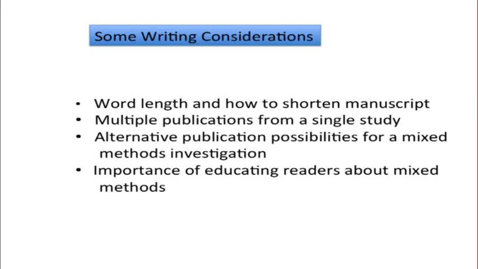And typically the way you do that is you start putting in more tables, more figures, you reduce the methods discussion, you might even focus on just the quantitative results or the qualitative results and put your results section around those components. So there's some ways to begin to reduce the overall length of the manuscript so it will fit some of these journals that have strict requirements about word length.